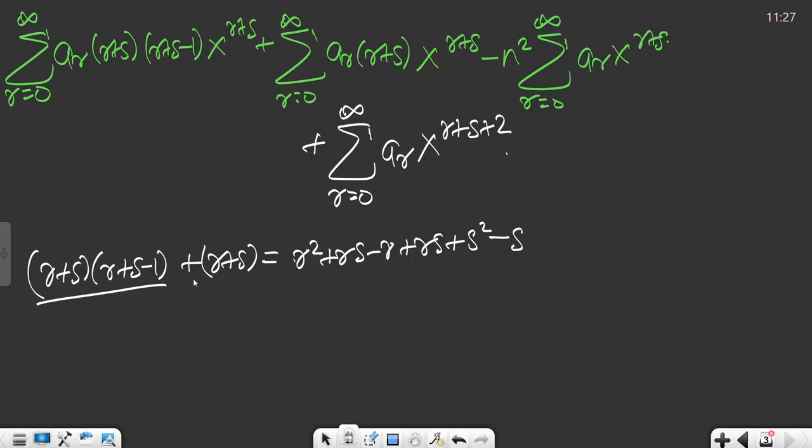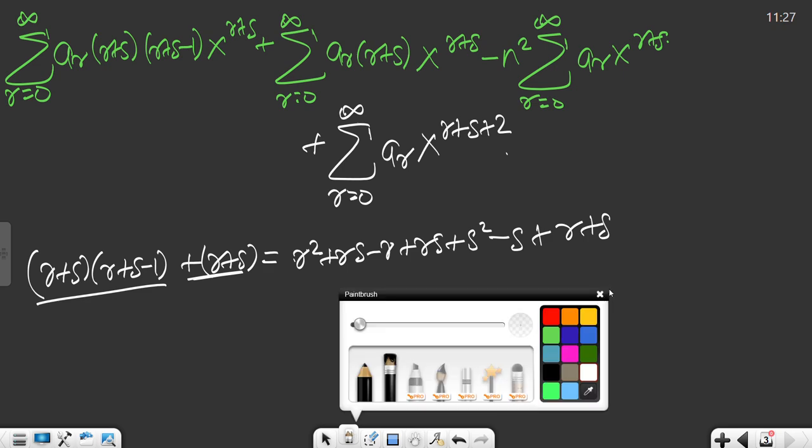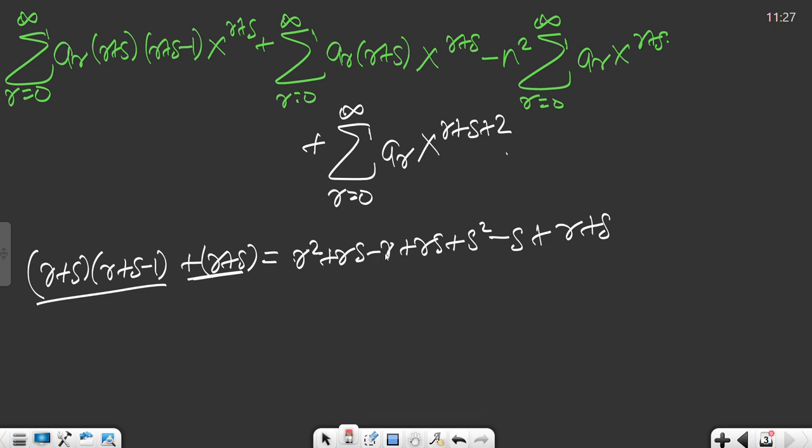And in this parenthesis we are having s and r plus s. You can see we are having a nice cancellation over here, because this r cancels out this r, and this s cancels out with this s. So we are having r squared plus 2rs plus s squared, and that is equal to r plus s whole squared. How cool is that? So we are just going to use that only.